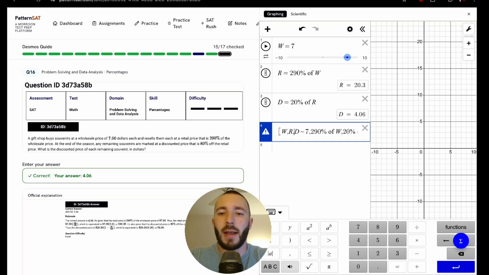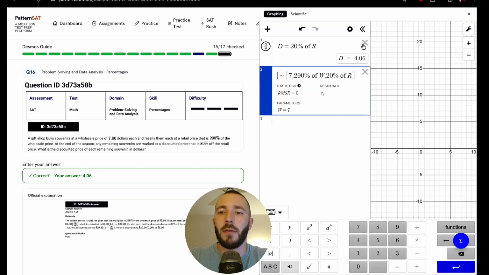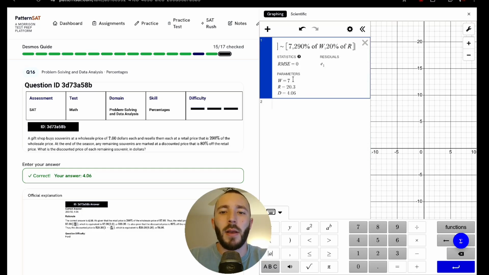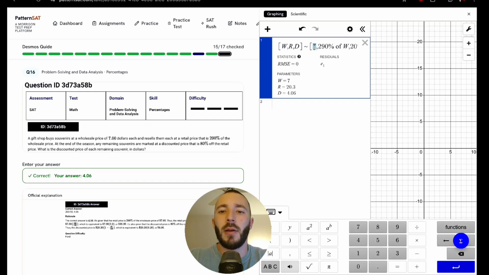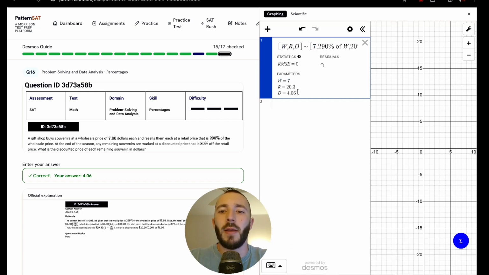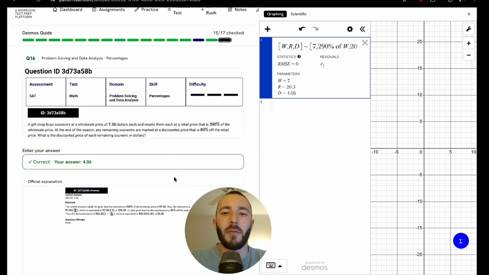So if we bracket the whole left side and then we bracket the whole right side, it should solve for everything. Now let's just get rid of all these. There we go. W is 7, which it got from the first equation. It solved R from the second equation, and then it solved D from the third equation, and it gave me the correct answer of 4.06.